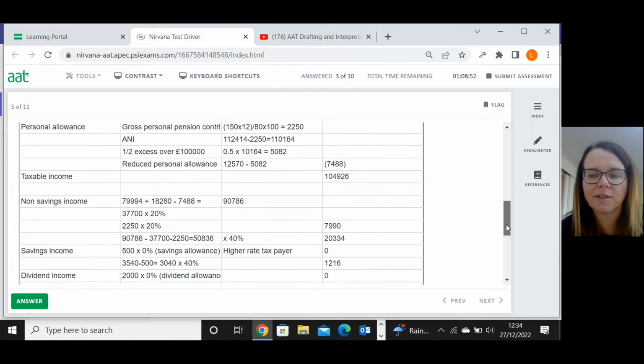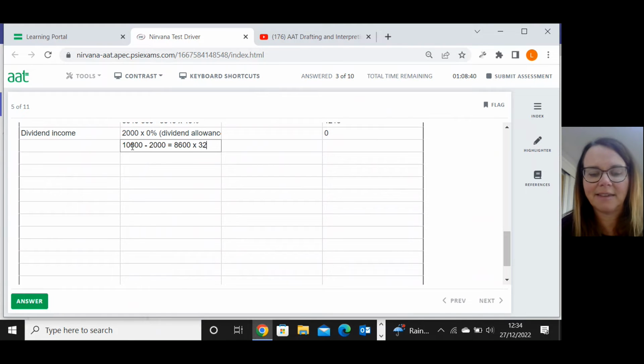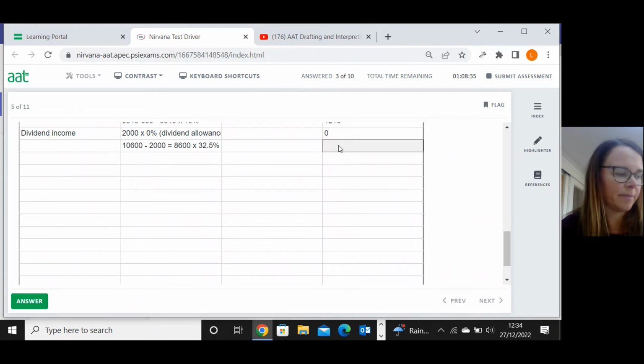We've got 10,600. So if we do 10,600, subtract the 2,000, that leaves me with 8,600, which is at the higher rate for dividends, which is 32.5%. So that comes to 2,795.